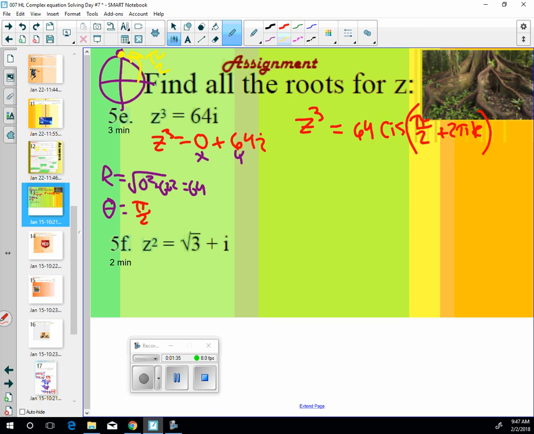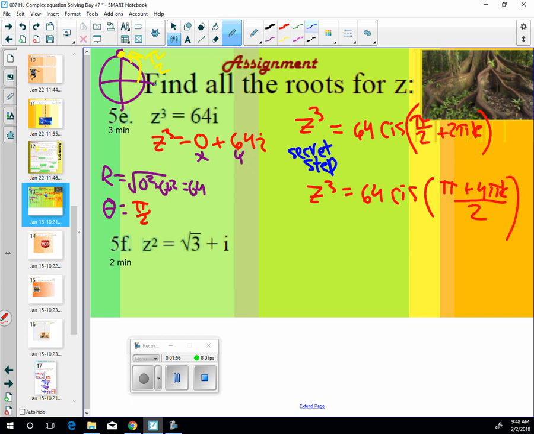All right, before we do, this is my secret step. The secret step is you go z cubed is equal to 64 cis of (pi plus 4 pi k) over 2. That's the secret step. Because you get that common denominator, de Moivre's theorem is way easier now.